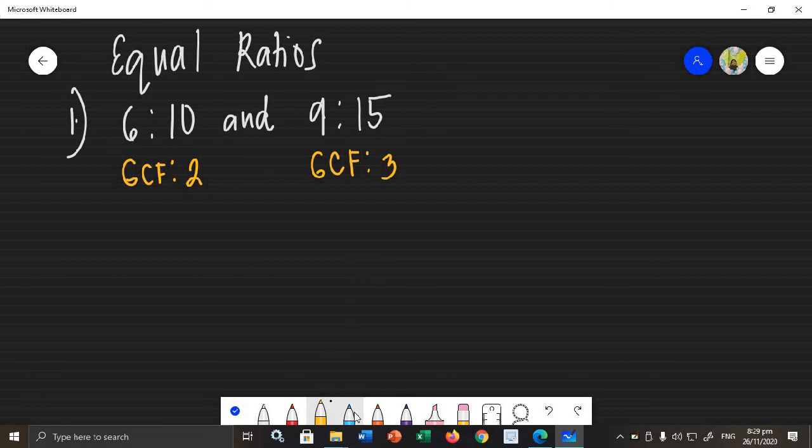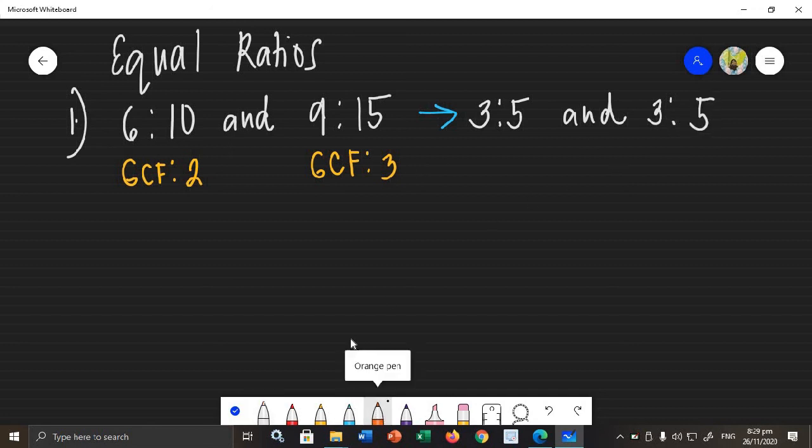And then, right after we get the GCF, we can now get the lowest term of each ratio. So, 6 divided by 2, that is 3. And then, 10 divided by 2, that is 5. And the second one, 9 divided by 3, that is 3, and 15 divided by 3, that is 5.